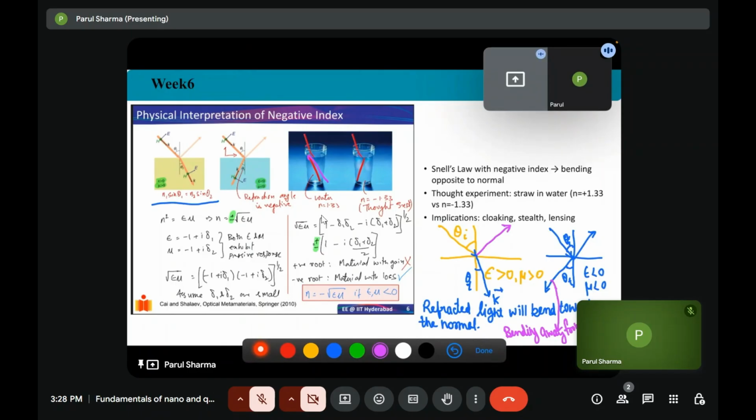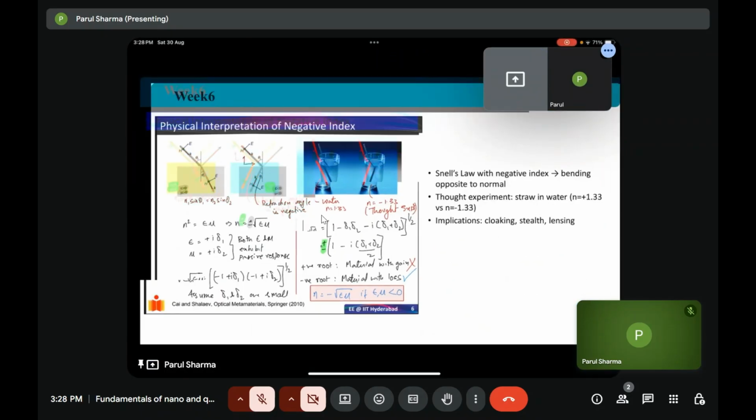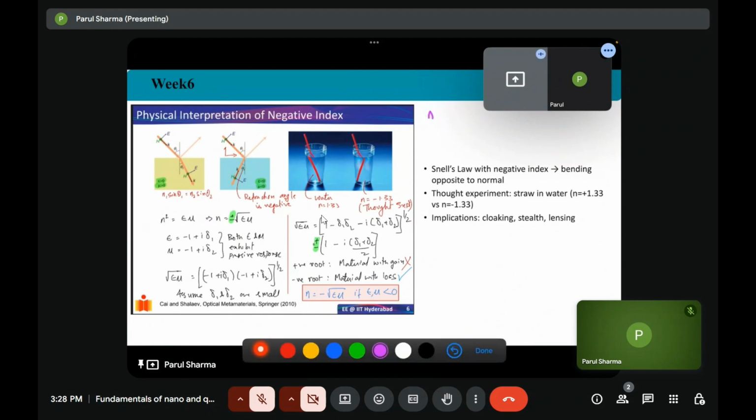So, mathematically, n square is equal to epsilon mu. So, when we take the square root of this, we will have both positive and negative values, n is equal to plus and minus root of epsilon mu.